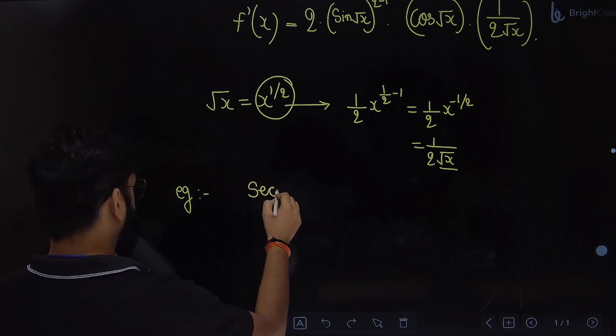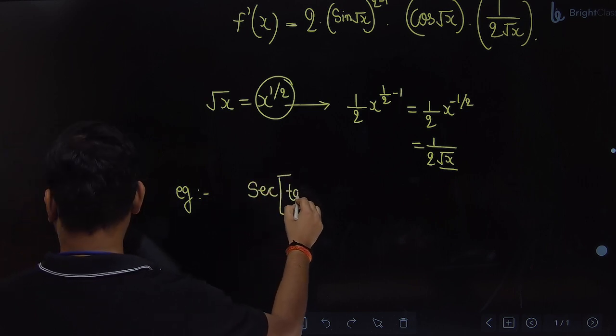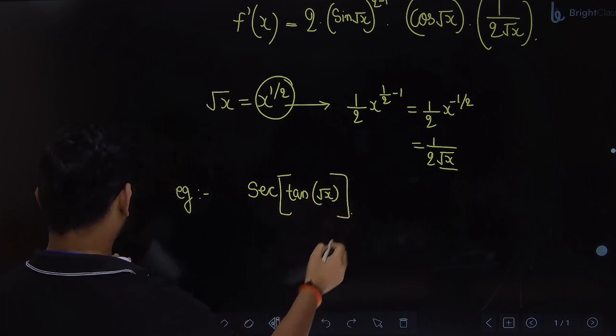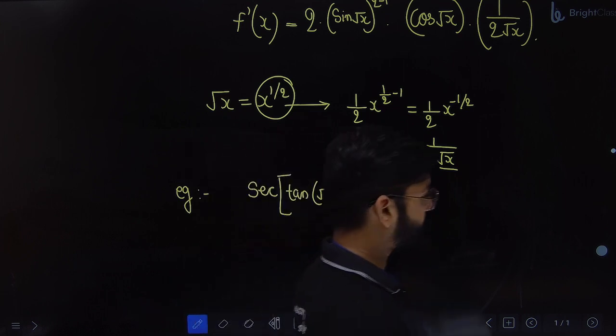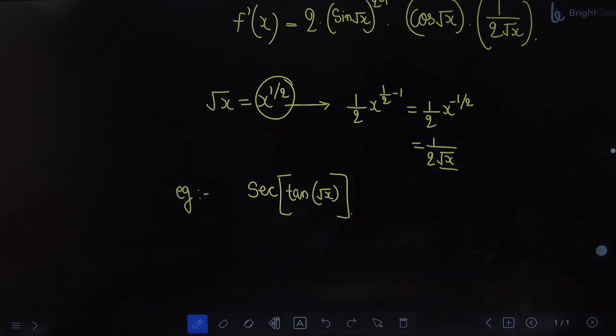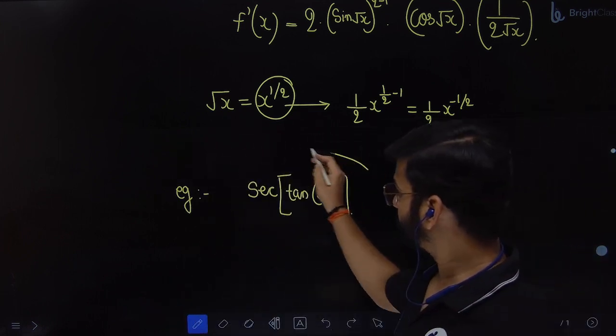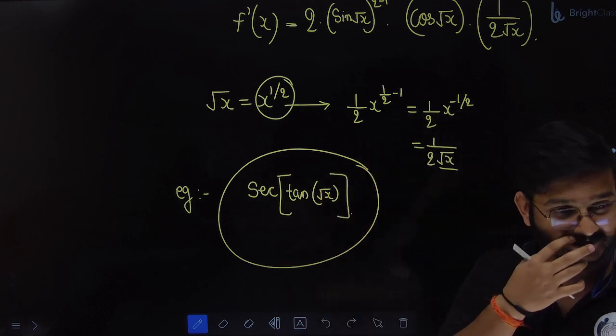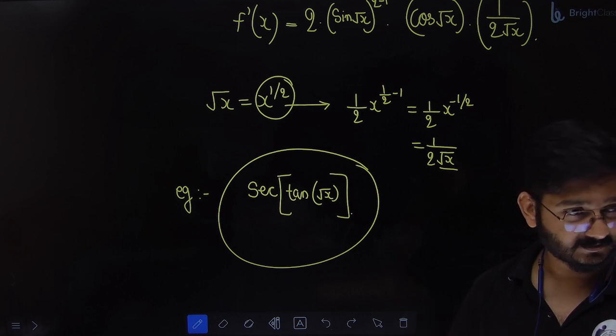The function is secant of tan of root x. What is the outermost function? Secant theta. You will differentiate secant theta. Secant theta is secant into tan.